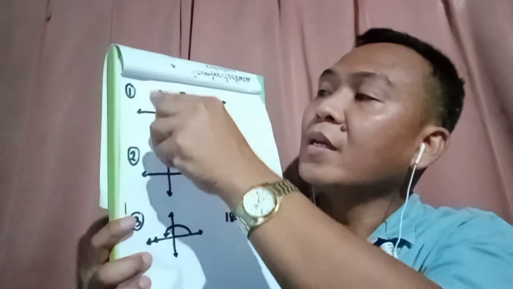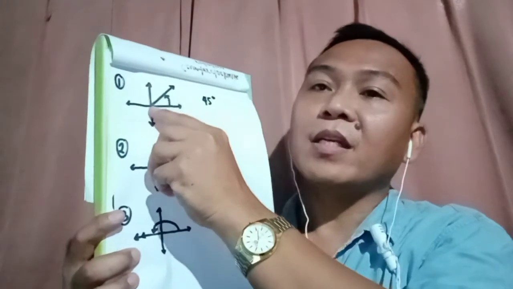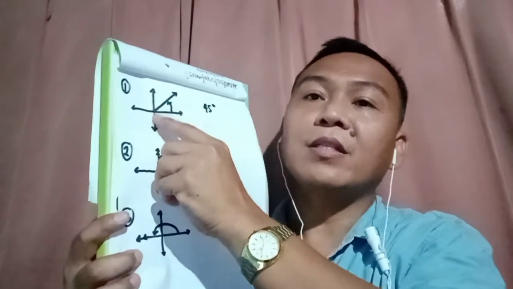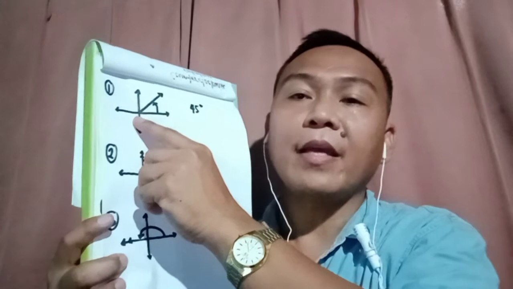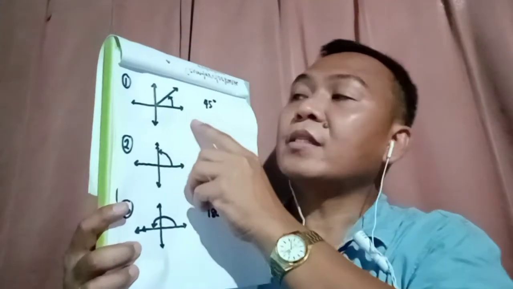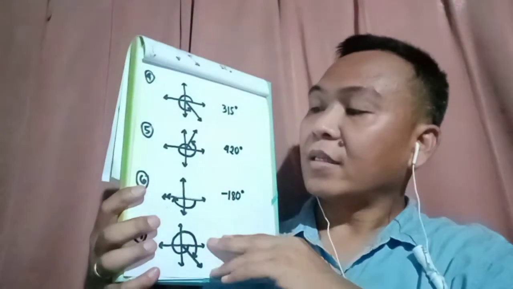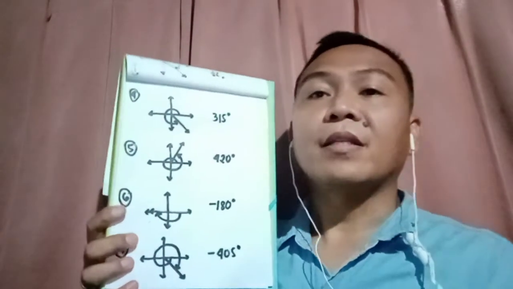It is at the intersection of the x and y axes. So when its vertex is at the origin and the initial side started at the positive x-axis, all these angles are called angles in standard position.